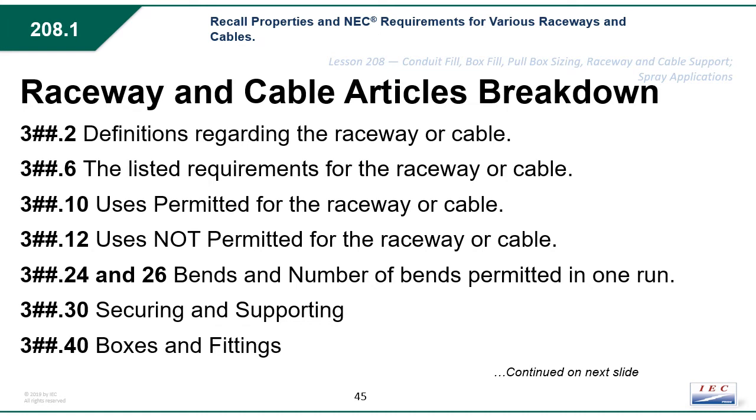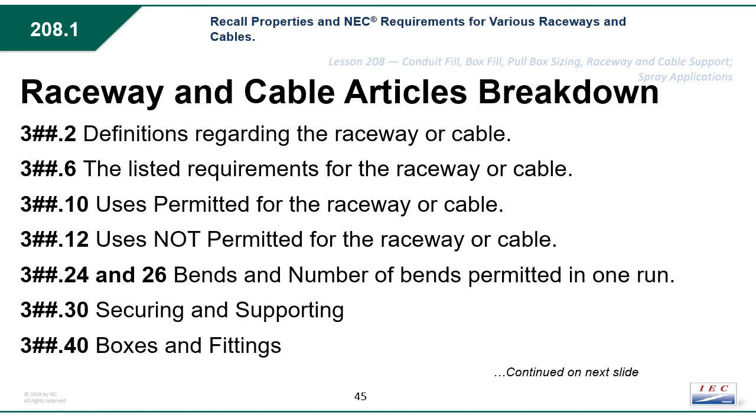Now, I told you about the dots. So with cable assemblies, 334 is Romex. I would turn to 334.2 for my definitions regarding this cable. I would turn to 334.6 for the listed requirements for this cable.